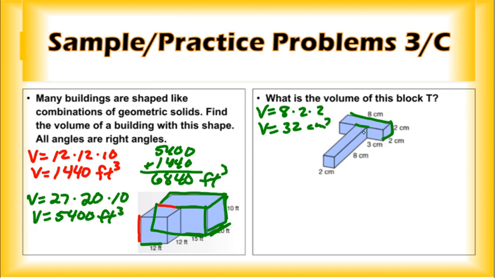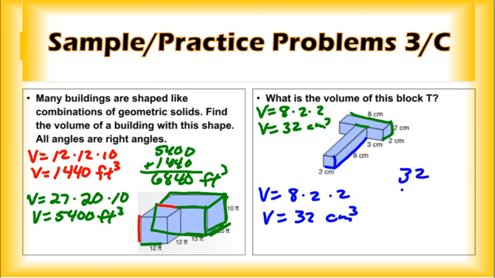And then the other one, this is 8 long, 2 wide, and the height is also still 2. And so now we have the volume equals 32 cubic centimeters. If we add them together, 32 plus 32 would give us 64 cubic centimeters.